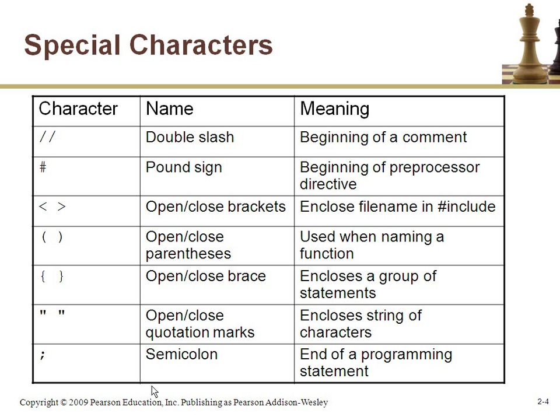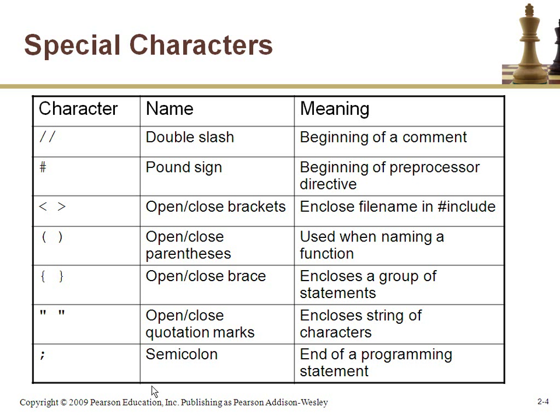The next one is the pound sign. This is the beginning of the preprocessor directive statement. It tells the preprocessor to go ahead and execute this for itself. In our example, include the file iostream inside the program so the compiler can do its job.